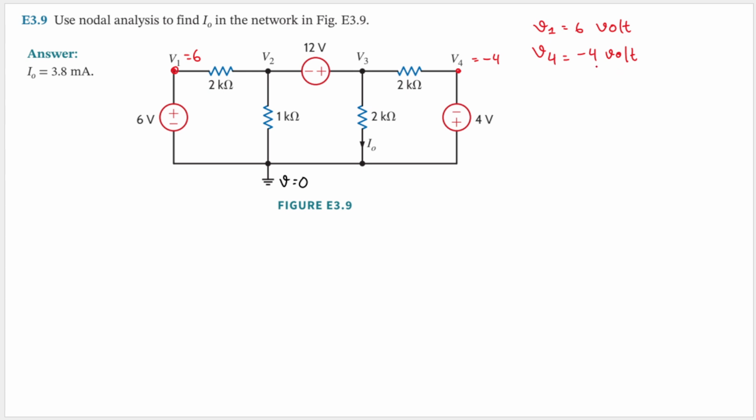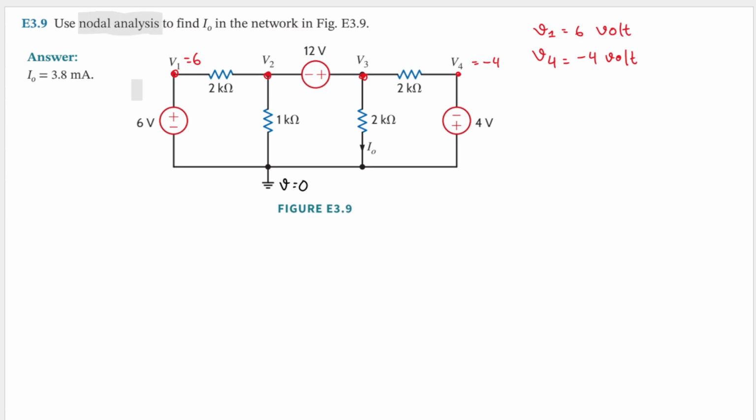Good. Now we need to find out what V2 and V3 are. The problem is we are asked to use nodal analysis, which needs the current for each branch, but for this current here, we cannot find it. To solve that, we need to use super nodes, which merge two nodes into one.